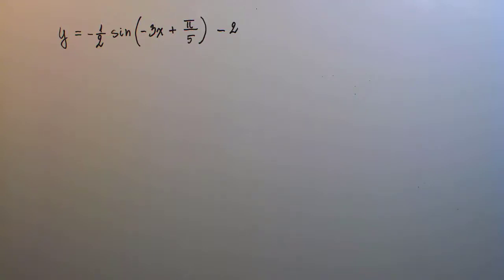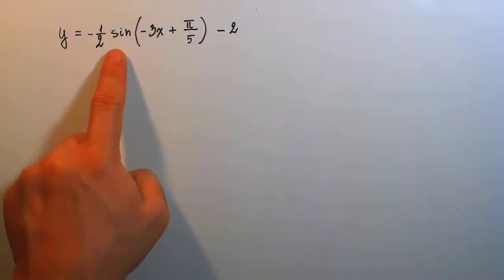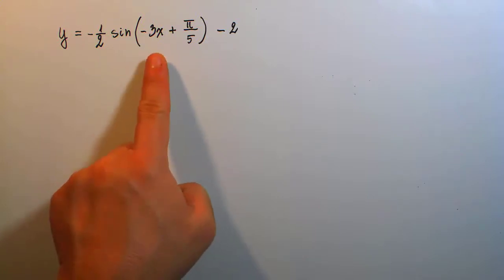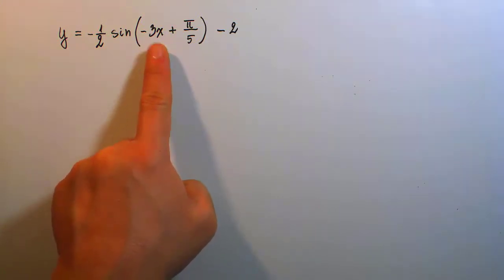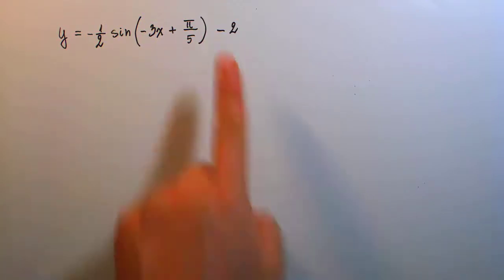Let's now try to recognize all transformations involved in this function. What we have here is minus 1/2 as a coefficient times sine of, inside of my sine function, a linear expression, minus 3x plus pi over 5, and minus 2.